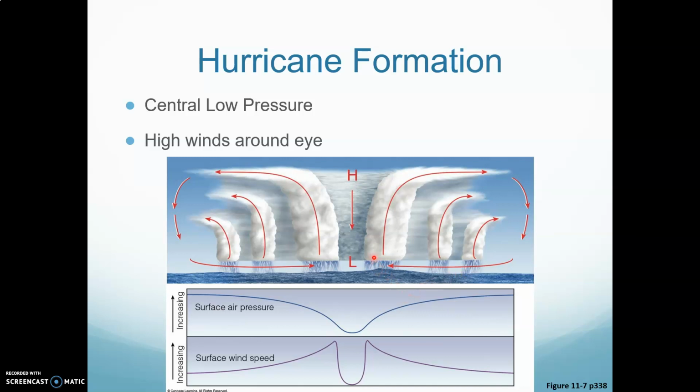But here in the eye wall, right next to the core of the storm, your pressure is changing at a much faster rate. Since your pressure is changing at a faster rate, this is where your strongest winds are going to be. So you have the lightest winds out in the outer skirts and the strongest winds at the eye wall. Then right in the center of the eye, there is no change in pressure at all, so you get no winds in the eye.